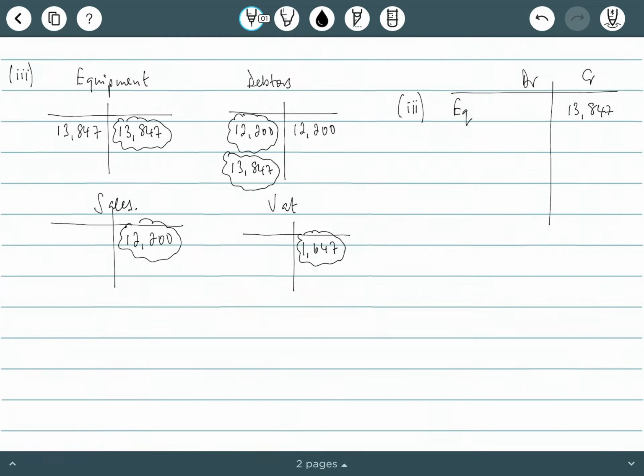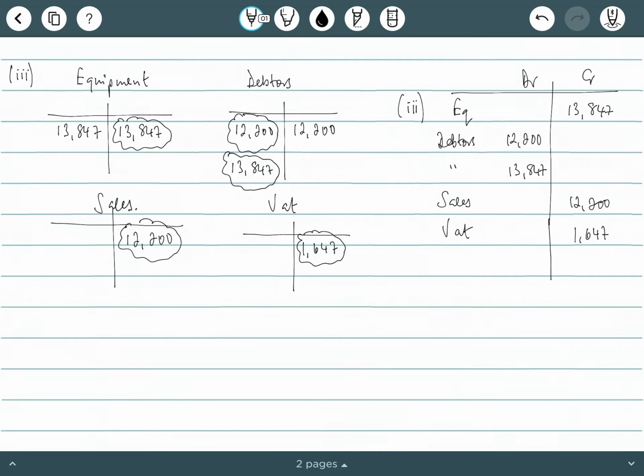We've got 2 debtors, I'm going to keep them separate, lads. We've got debtors again, 12,200 and 13,847. Then we have sales, which was 12,200, and we also have VAT. The VAT is 1,647.